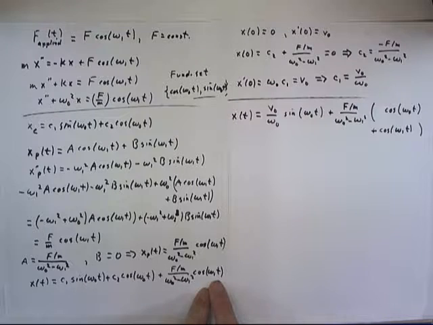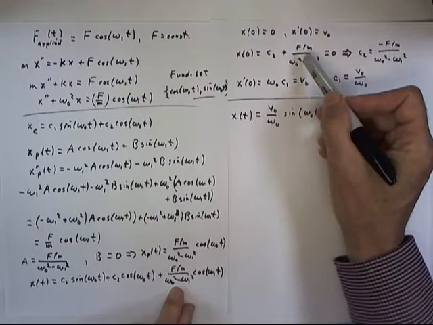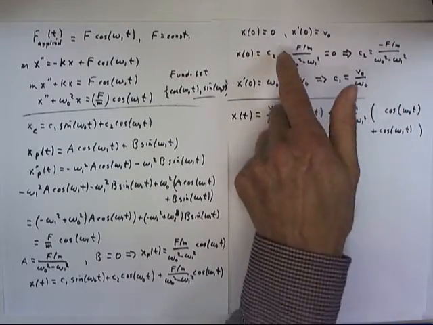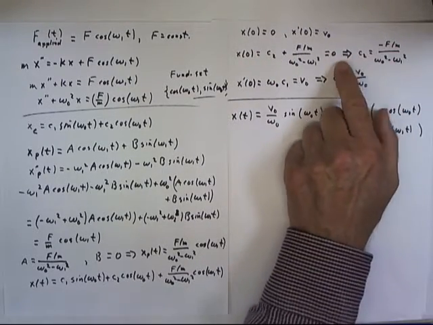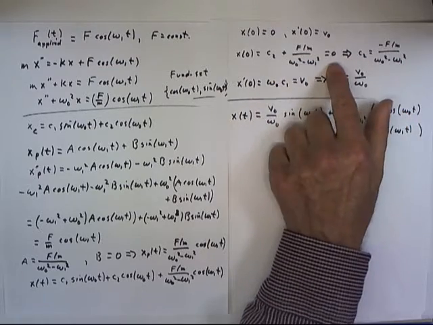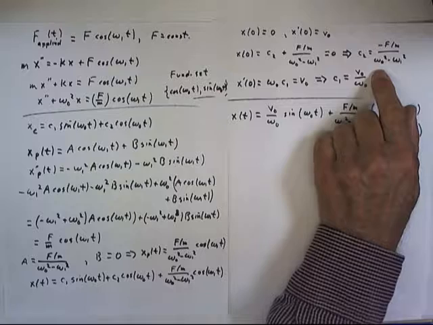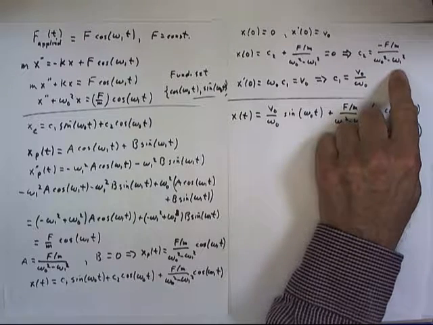And the cosine of 0 here is also 1, so that we're going to have just the f over m times omega naught squared minus omega 1 squared, which I've written here. And that has to equal 0, since the initial position is 0. So we easily solve this condition to find that C2 is just going to be the negative of the f over m times omega naught squared minus omega 1 squared.